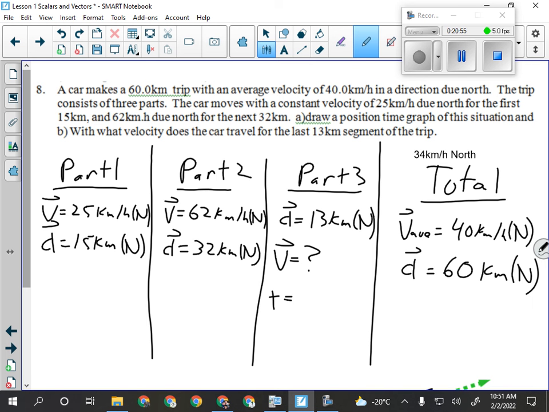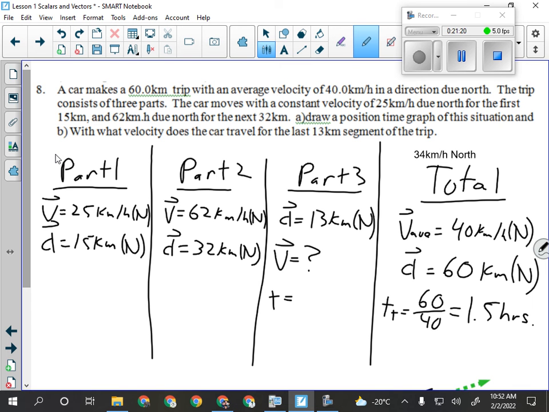Can I find the time for the whole trip? Because I've got D and V for the whole trip. Okay, so I'm going to find the total time here by simply going D over V. 60 over 40, which should be 1.5, right? Okay, the whole trip takes 1.5 hours.